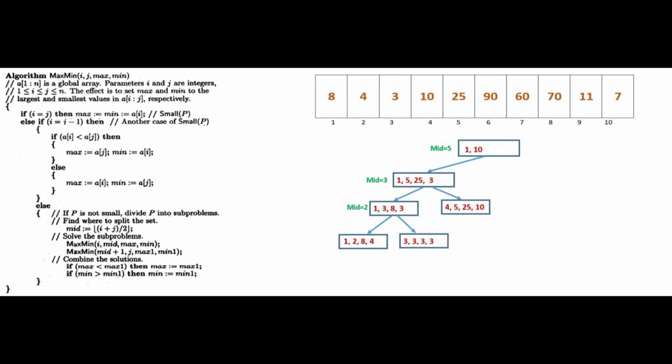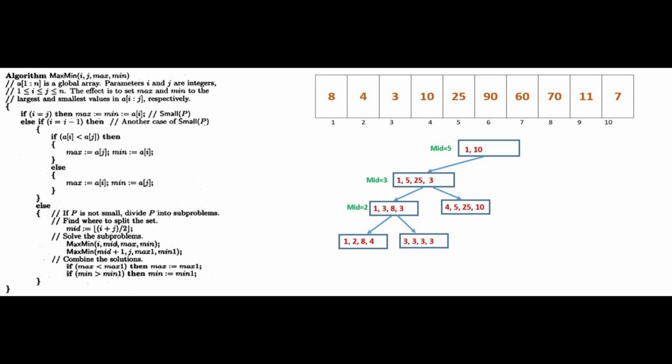We are in the algorithm with i is equal to 1, j is equal to 5, max equal to 25, min is equal to 3. We know that A of 1 to n is a global array. Our aim is to find the minimum and maximum value from the global array A of 1 to n.